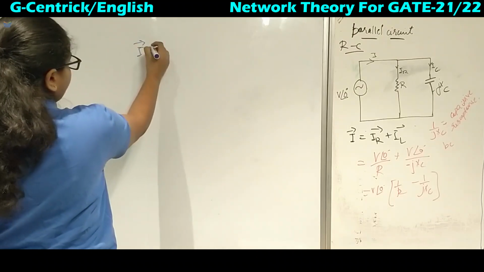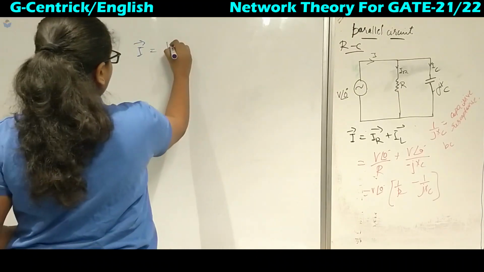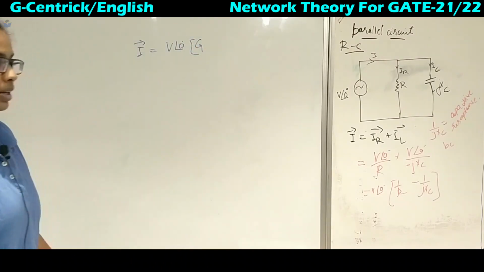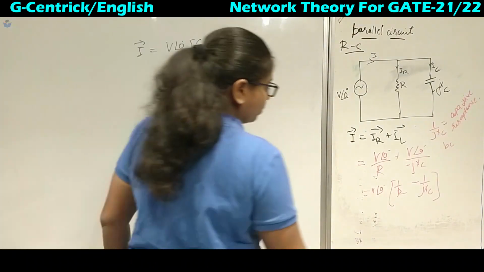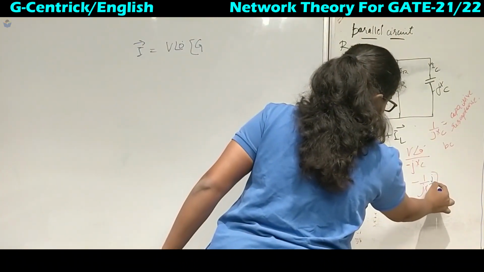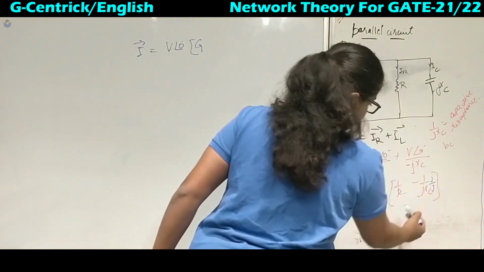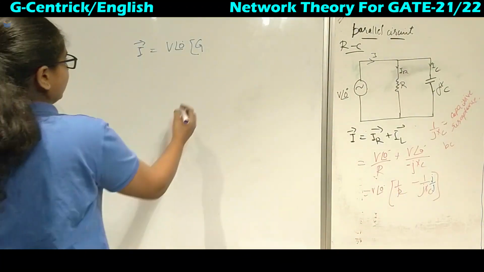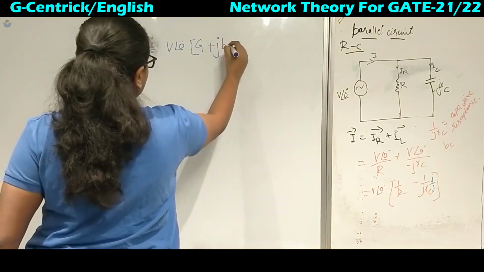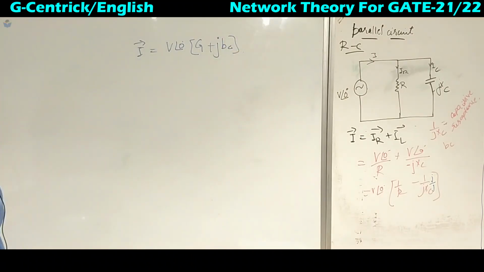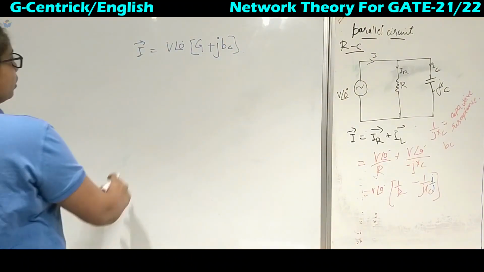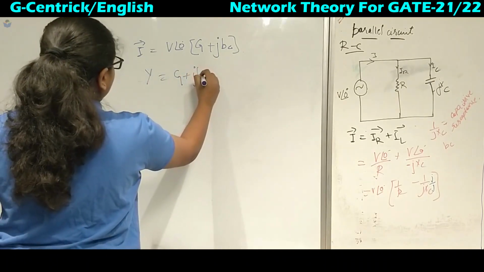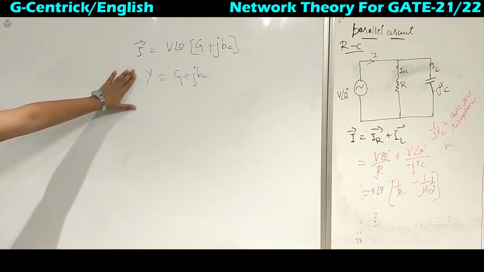So I vector is equal to V angle 0 degree, so this is G. Now again I will multiply and divide by J. So this J upon J square is minus 1, minus into minus will become plus. So plus J BC. This is capacitive susceptance. Now this term I will replace with G plus JB. So this is admittance.